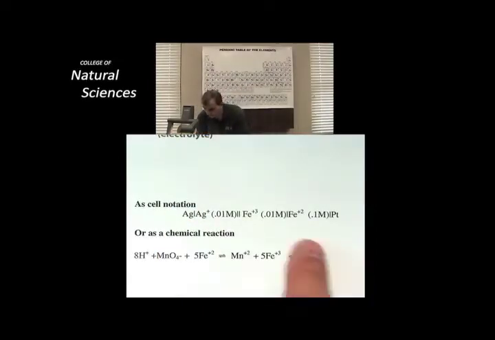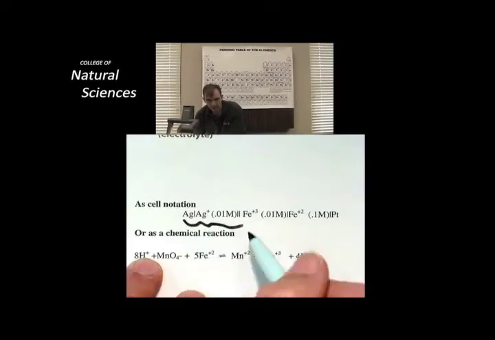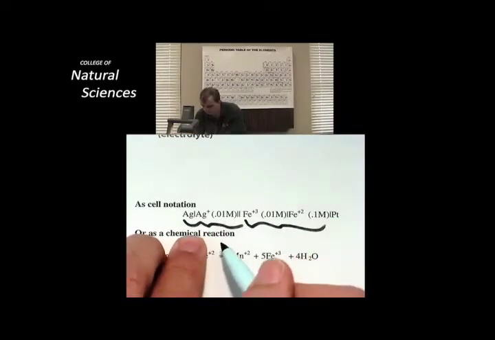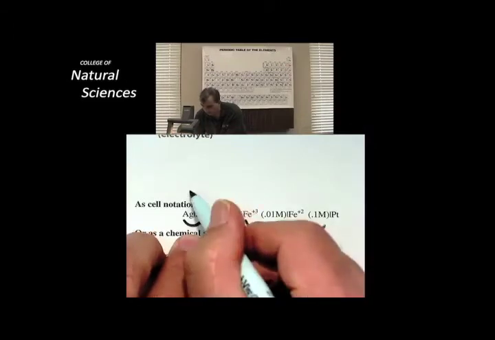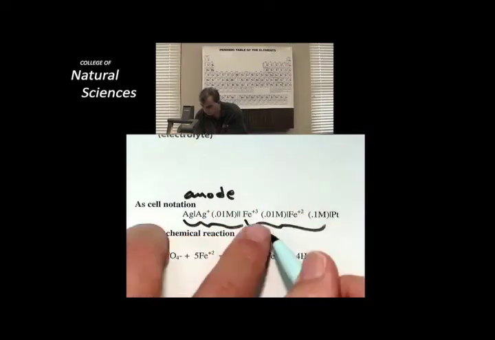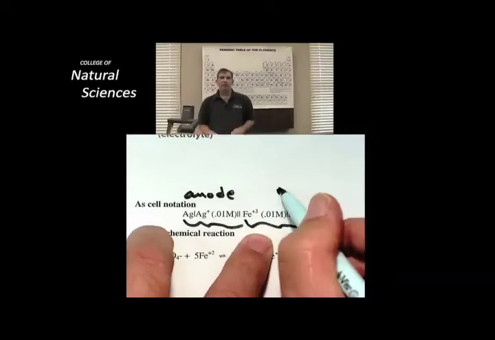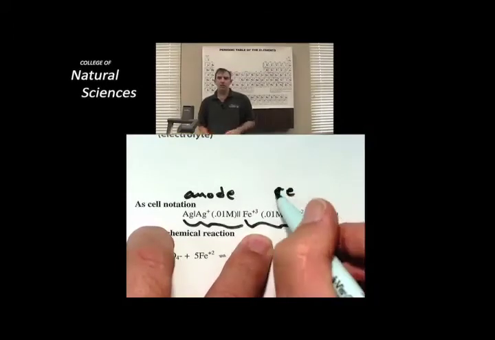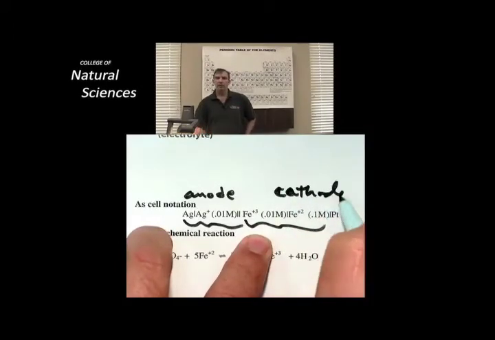In cell notation, what is written on the left side is always the anode process. So this is my anode over here. And what is written on the right side is always my cathode. So obviously what's being written on the left side is the oxidation process. What's being written on the right side is the reduction process.